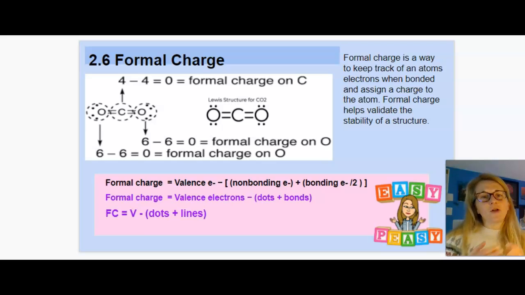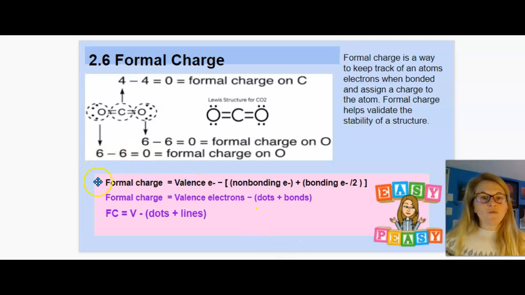The formal equation for formal charge is that we take the number of valence electrons that go around any one atom, and we subtract the sum of the non-bonding electrons around that atom with the bonding electrons around that atom divided in half.